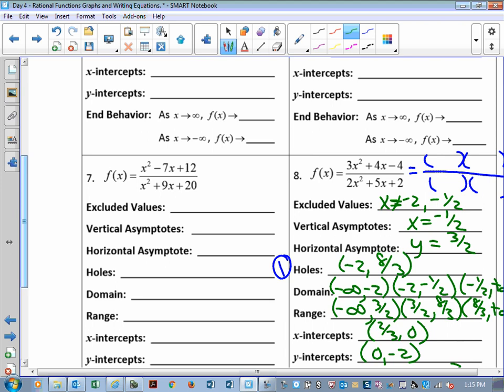I just want you to do up through problem number 8 for homework tonight. Don't cross it off, because we're going to get to it, you just don't have to do it for homework. For homework tonight, all you have to do is up through this page right here.